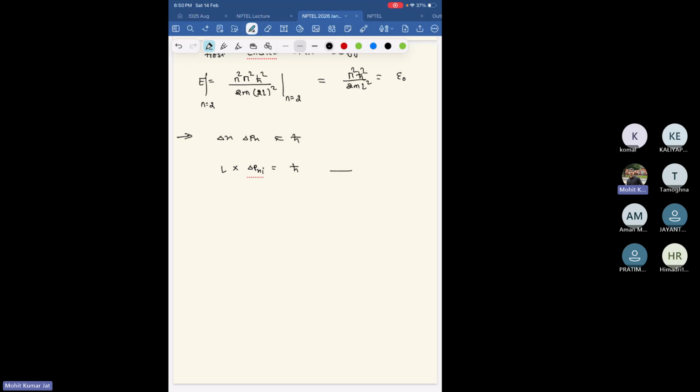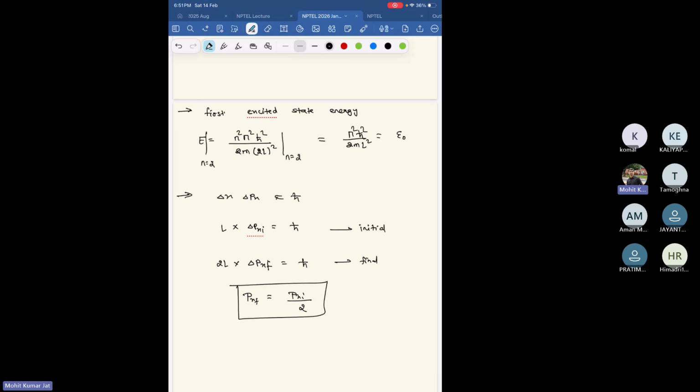Now this was the initial. Now in the final, L will be 2L times delta px final is equal to h bar. This is final. So this tells you that px final is px initial by 2.